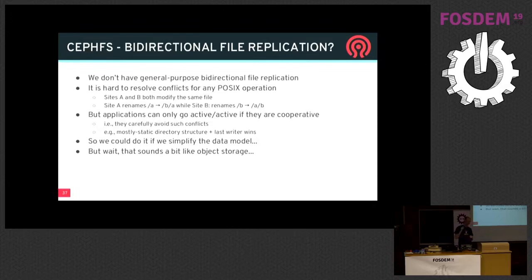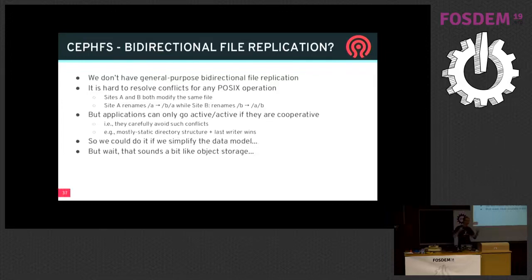And the reason is it's really hard to do that with POSIX, right? The file system interface in Unix and Linux is extremely complicated, and there are a million opportunities for conflicts. There are conflicts on file data, right? If you're modifying the file in multiple sites, one of them maybe truncates the file, the other one overwrites part of the file, and then you try to asynchronously mirror those. What do you do, and how do you reconcile those changes?